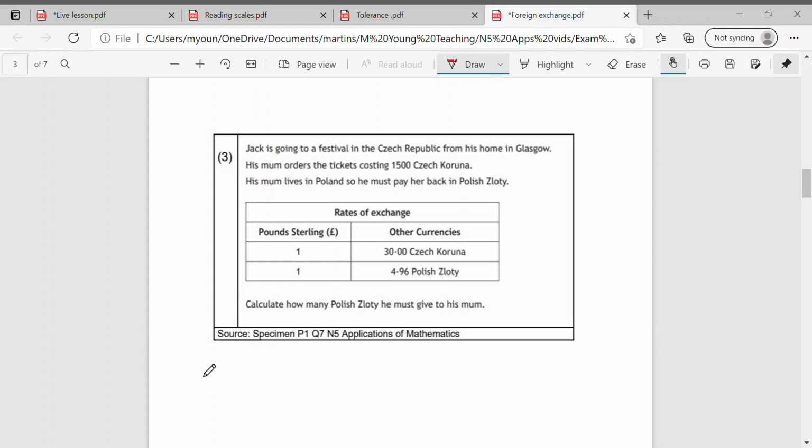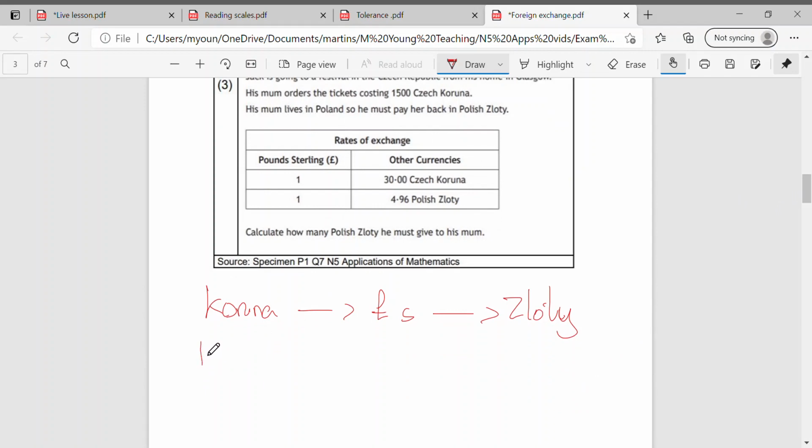So we're going from our Czech currency into pounds as that linking step, and then going into zloty. So I'm going from this into pounds, so it's foreign. That means I'm going to divide.